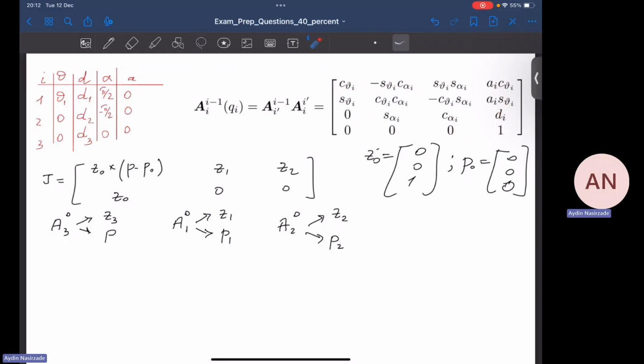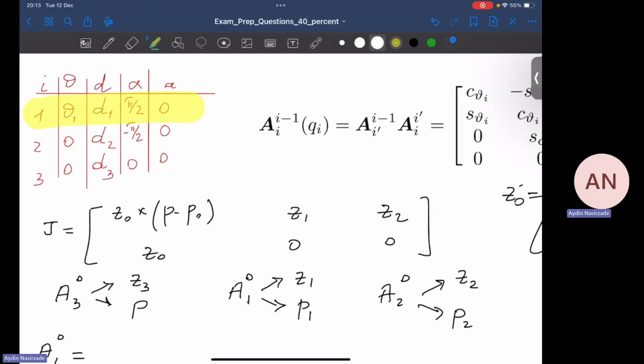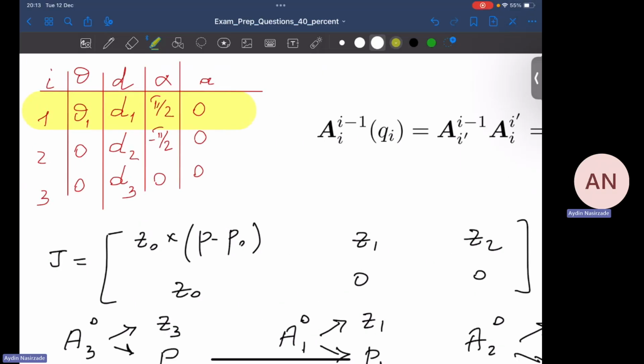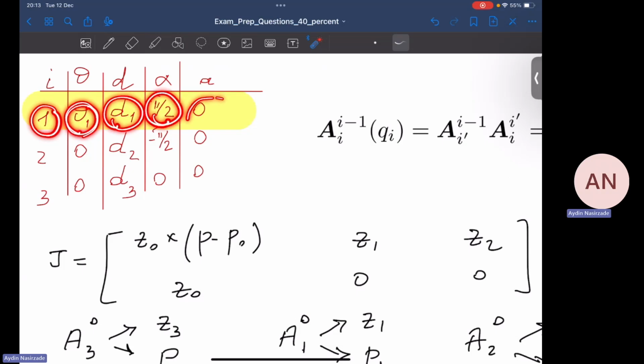In case you want to find A1 to 0, you have to take the first row. Now this is theta 1, this is I, which is 1, theta 1, D1, alpha 1, A1.